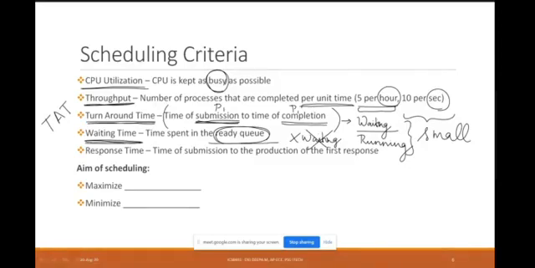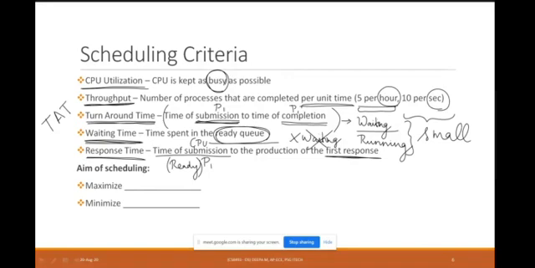The last one is response time. Response time is the time of submission of the process, submission meaning entering the ready queue, the time at which it is ready. It is not your final stage. It is the time I submit the process to the CPU or to the ready queue, to the production of the first response.